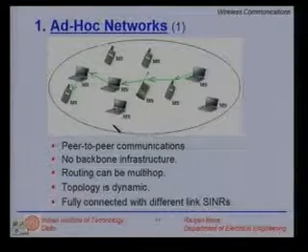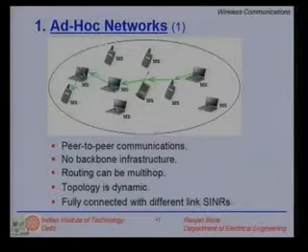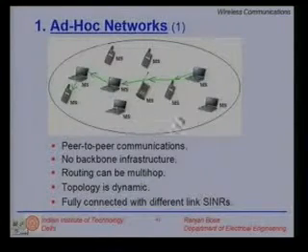Let me give you an example. Suppose we go to a conference and 20 people have laptops. All of them have the ad hoc network software loaded. So the moment they switch it on, without realizing, they form an ad hoc network. So they can communicate from one node to another node, right, through this network.